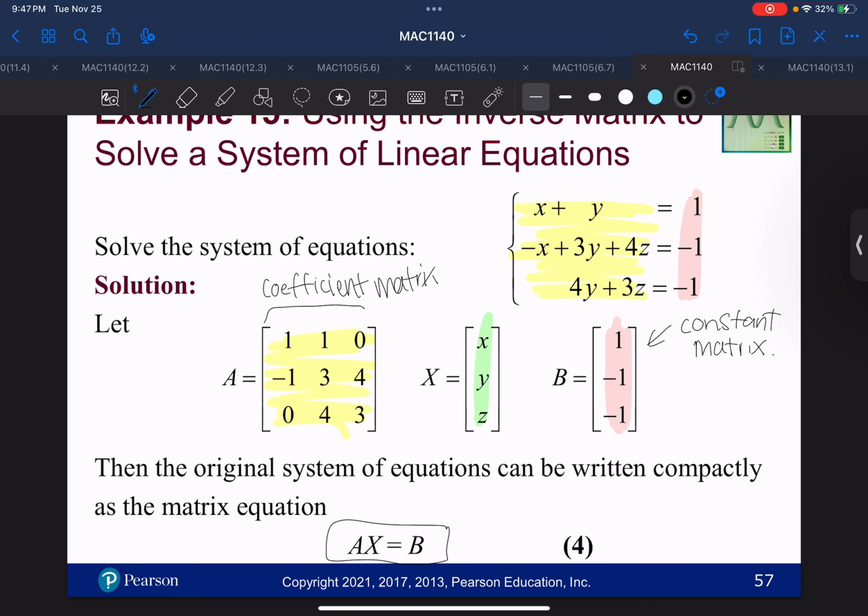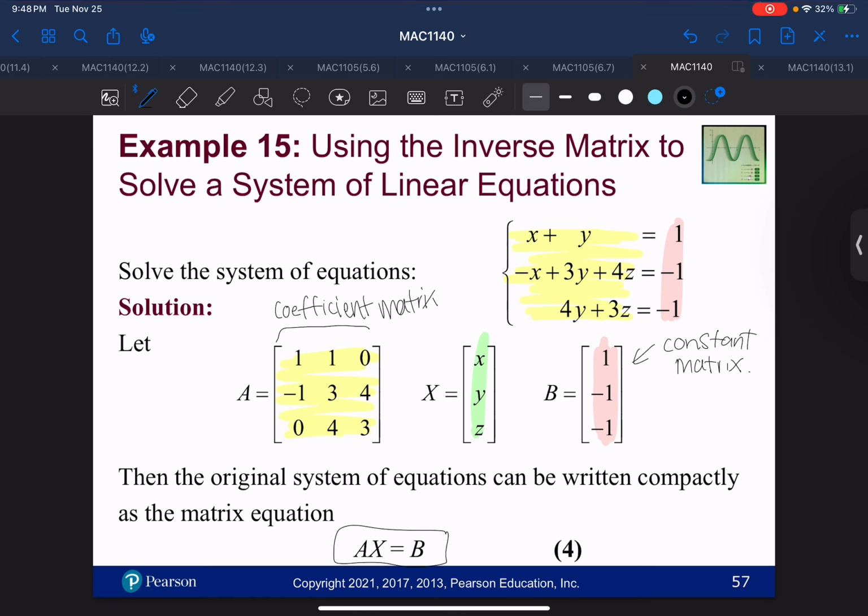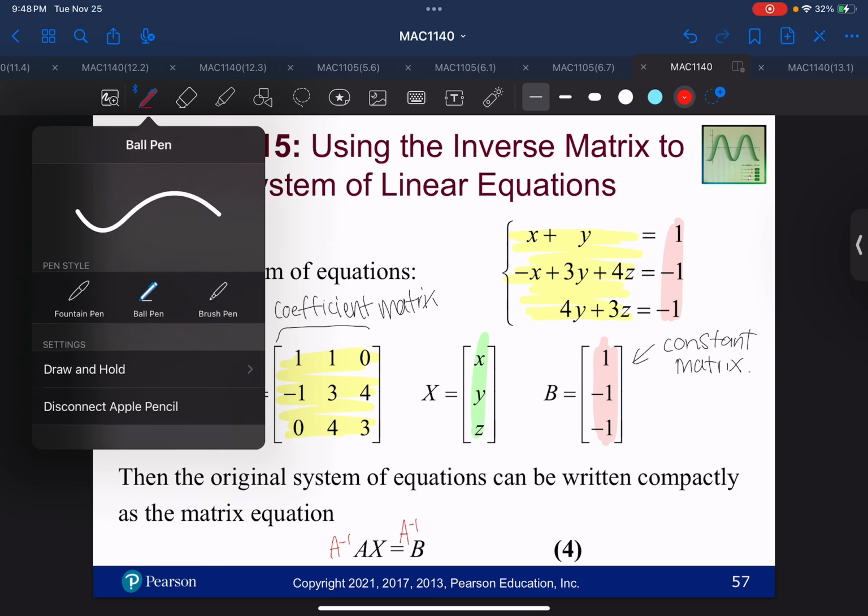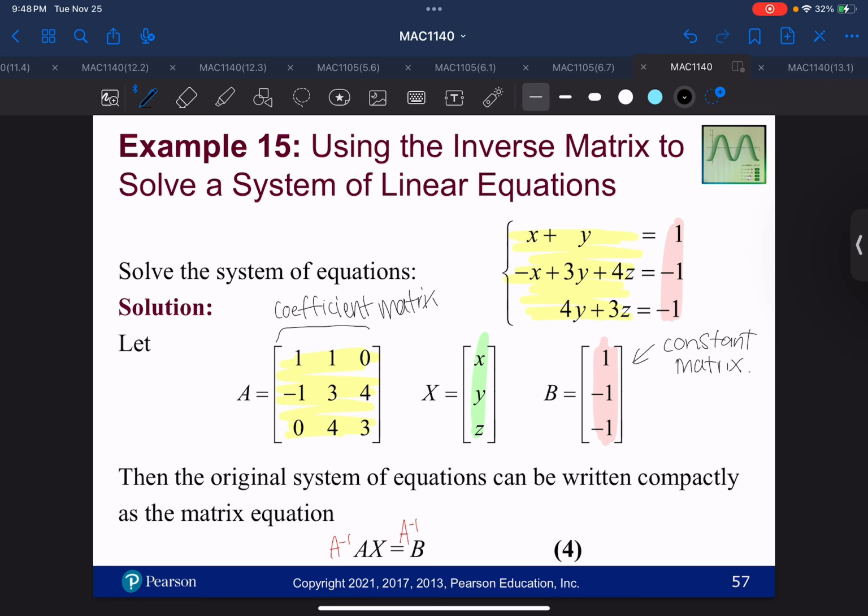And if I actually did this multiplication, A times X, here it would give me this, and then it's equal to the constant matrix B. Okay, so what's cool about this is, if I can find the inverse of A, then I multiply both sides of this equation by A inverse, and of course I have to do it on the same side, so it would have to be on the left side of both.